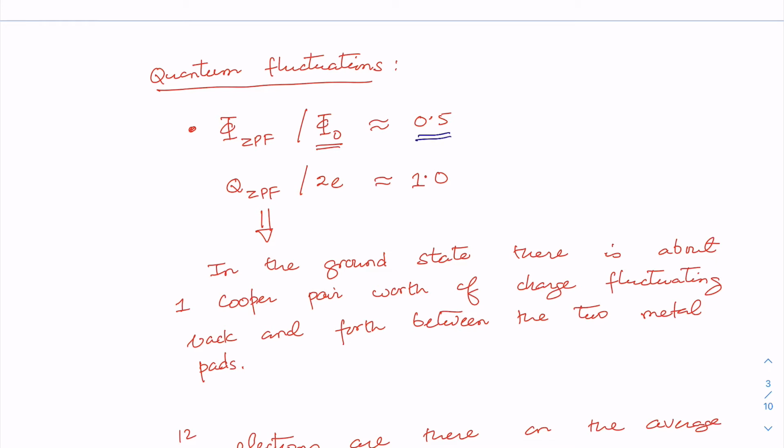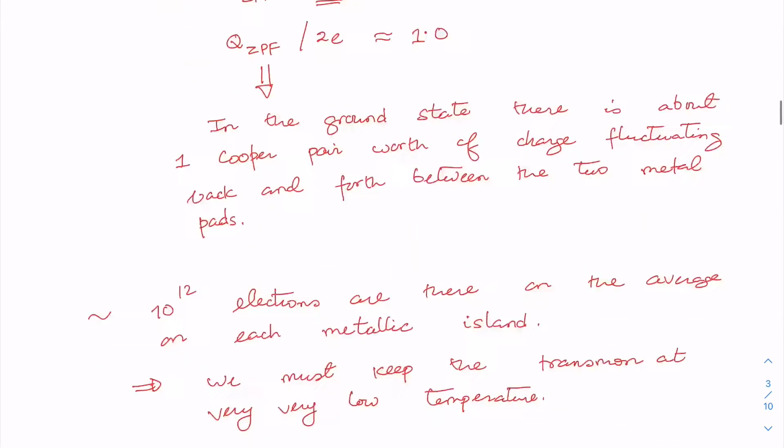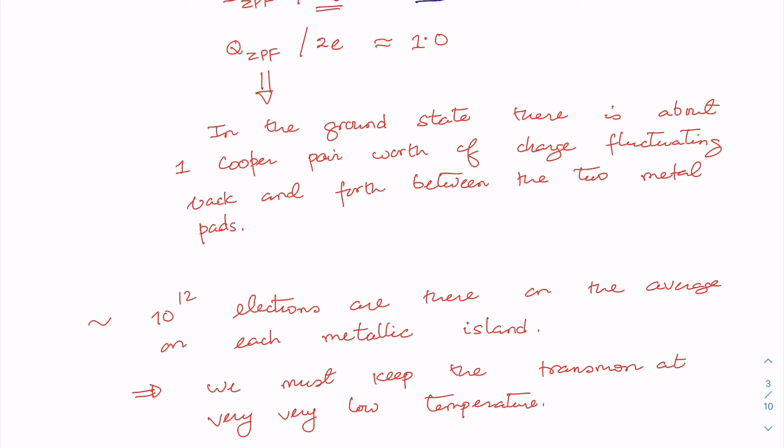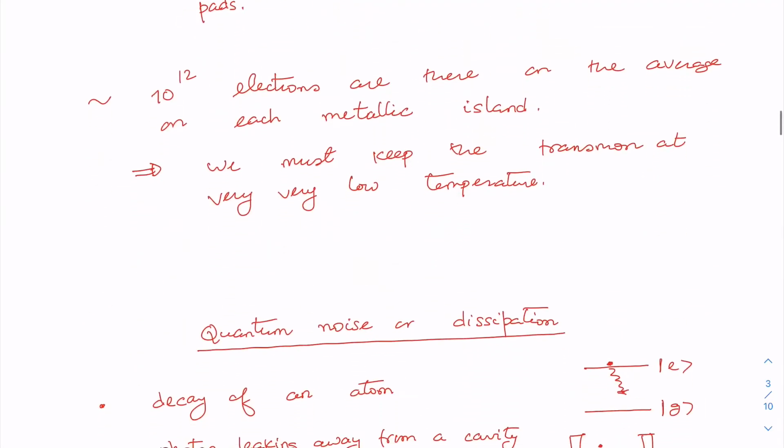Physically, this means that in the ground state there is about 1 Cooper pair worth of charge fluctuating back and forth between the two metal plates. On the other hand, we know that there are around 10 to the power 12 electrons per metallic plate or superconducting island. Therefore, this fluctuation of 1 Cooper pair says that we have to keep the transmon at very low temperature.